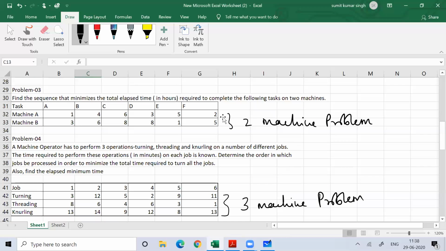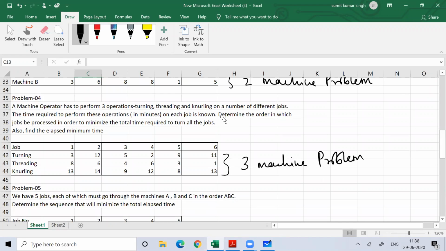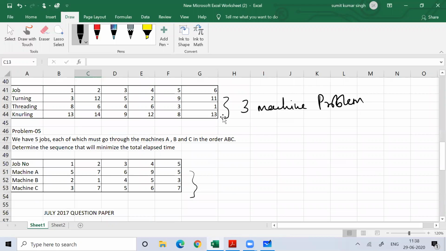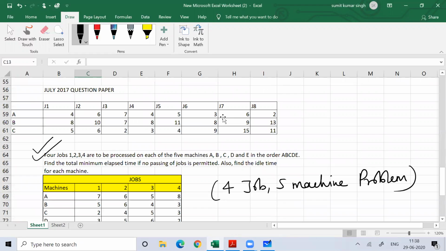The end motive whenever we work on a sequencing problem is to convert the n machine problem into a two machine problem. That is what we have learned.